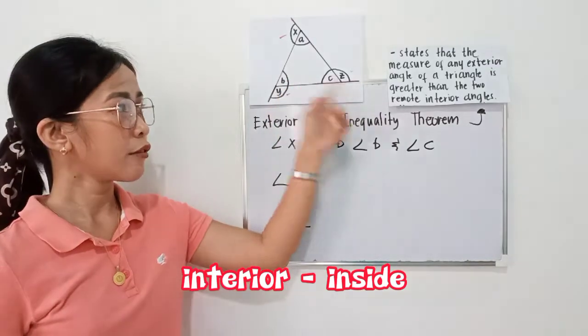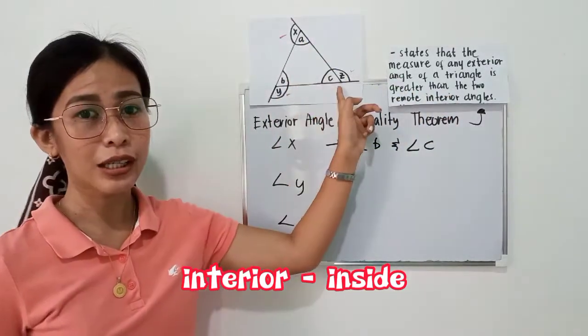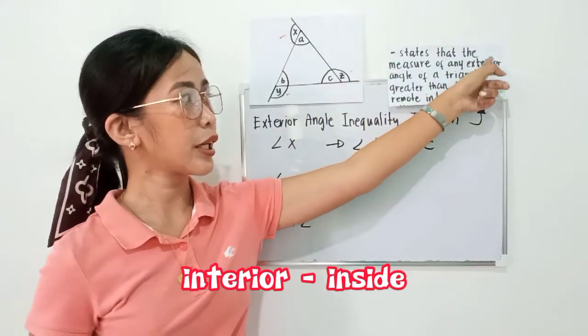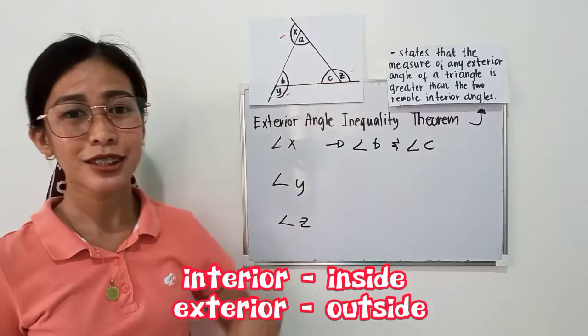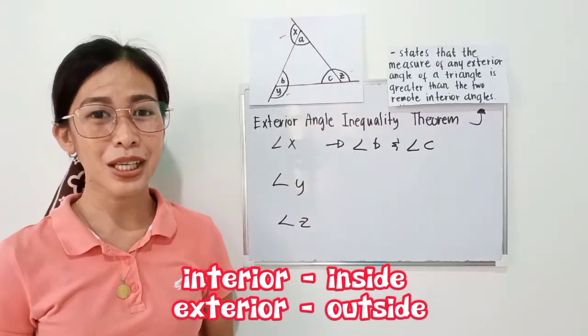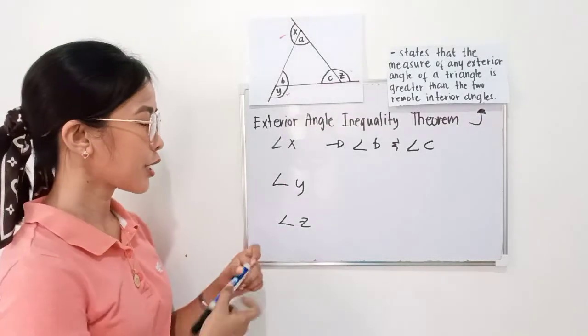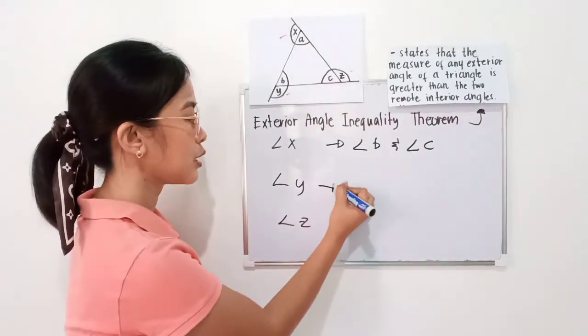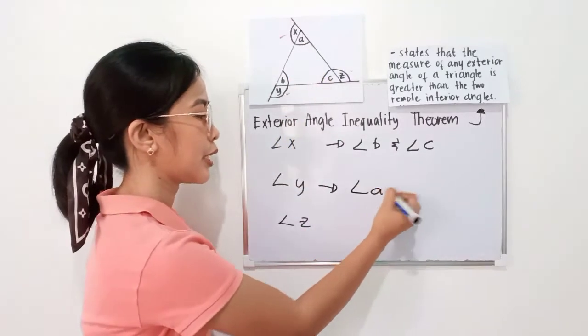Ibig sabihin, we are gonna identify the angles na nasa loob ng triangle. And kaya nga sinabing exterior, from the word itself, nasa labas ng triangle. Okay, so wag kayong malilito sa exterior and interior. Alright? So we have the remote interior angles of angle Y, angle A, and angle C.